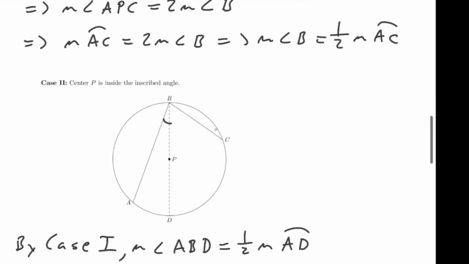So I've proven that if the sides of the inscribed angle are on opposite sides of the diameter, the inscribed angle is still half of its intercepted arc.